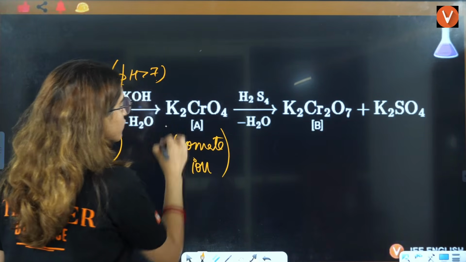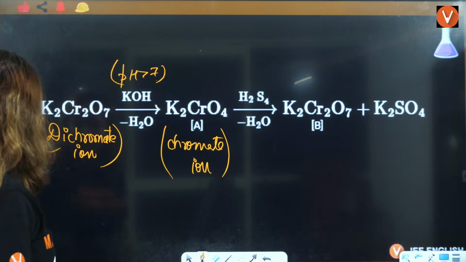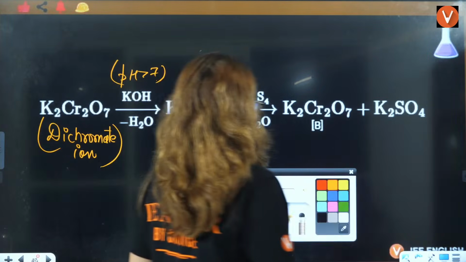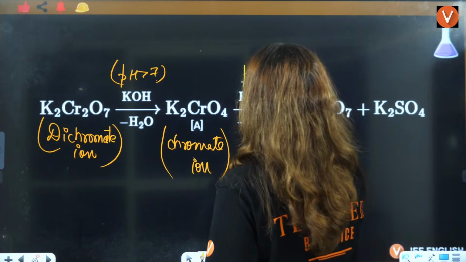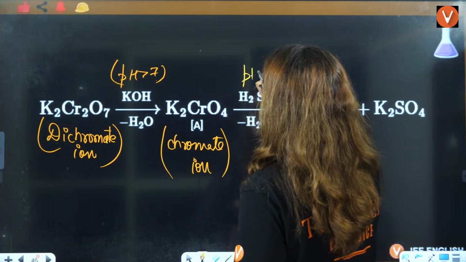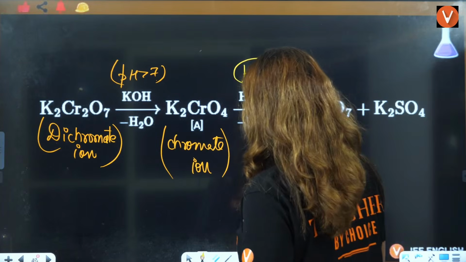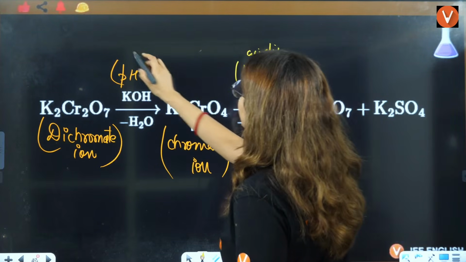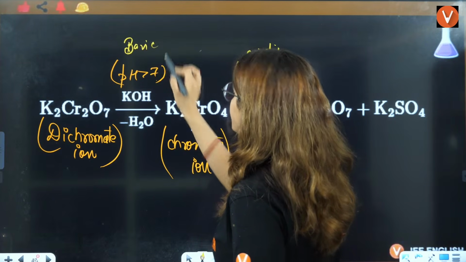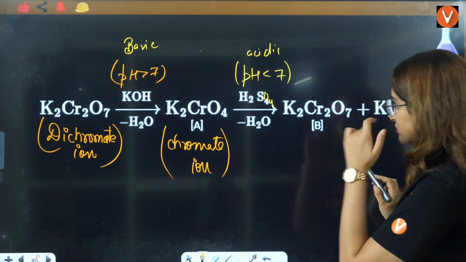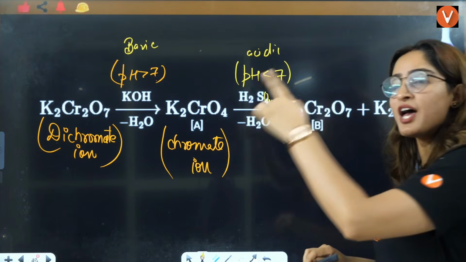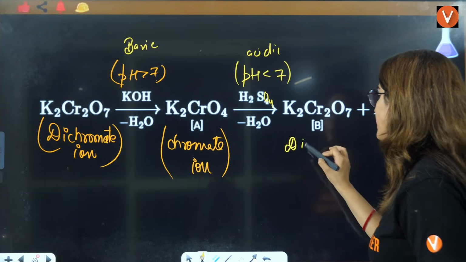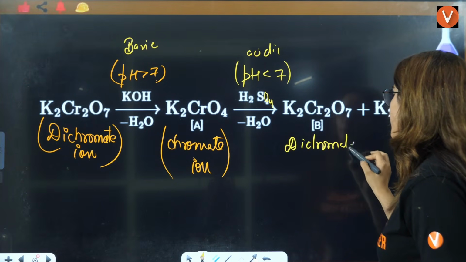Now they are saying chromate ion in H2SO4. Again, this is acidic condition, pH is less than 7. This question is based on the fact that this is pH sensitive. In acidic condition, this will again be converted to dichromate ion.